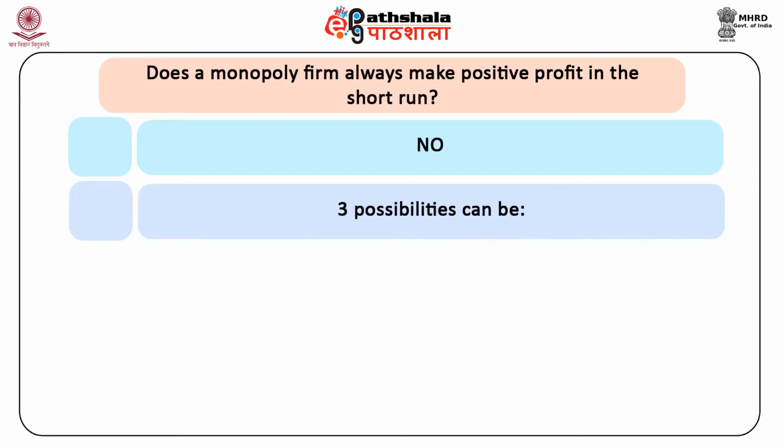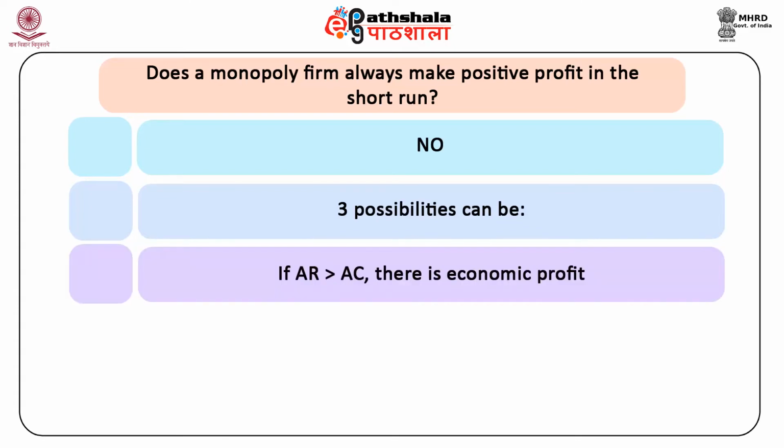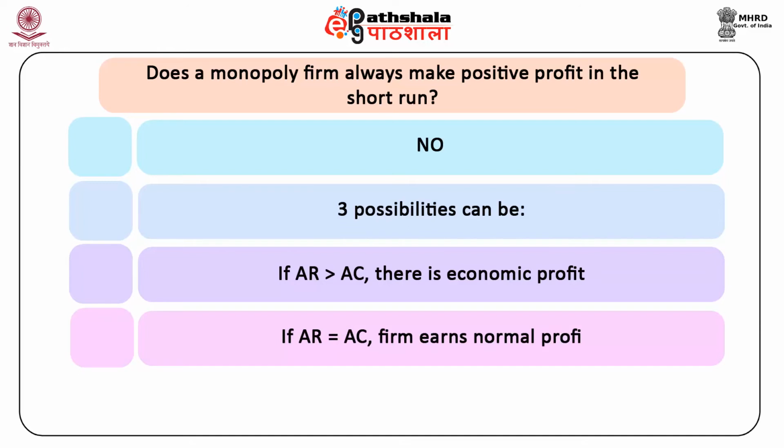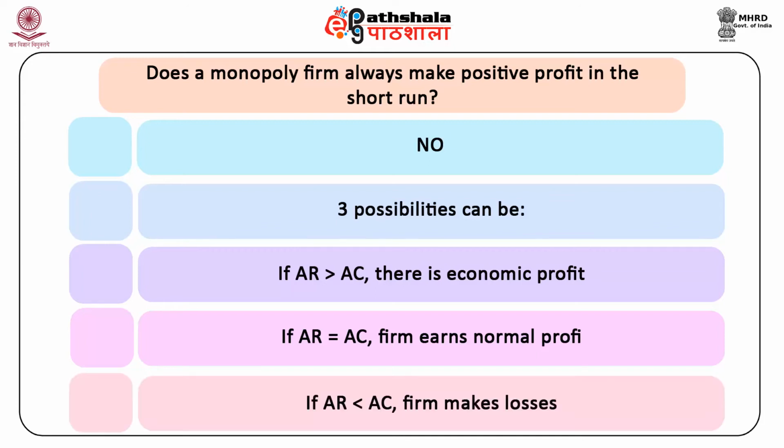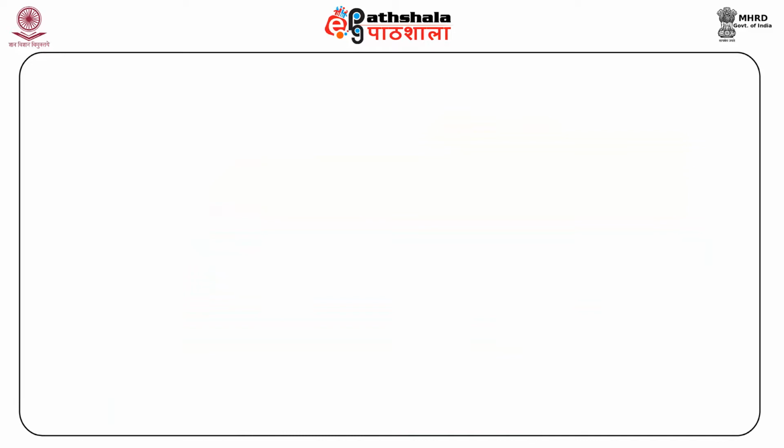First, if AR is greater than AC, there is economic profit for the monopolist firm. Second, if AR is equal to AC, the firm earns only normal profit. And third, if AR is less than AC, the firm makes losses, a theoretical possibility in the short run.